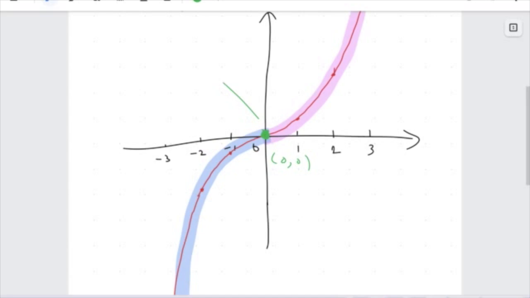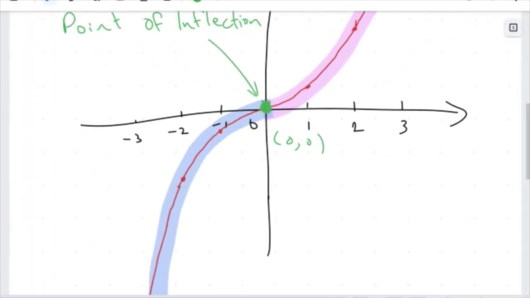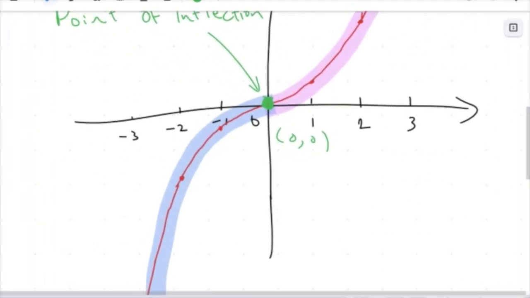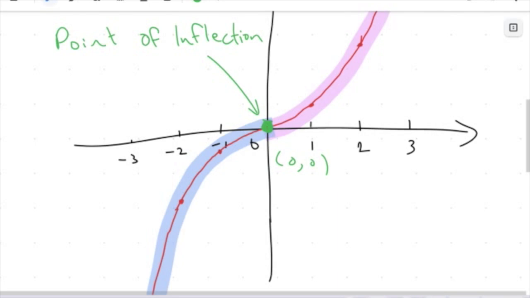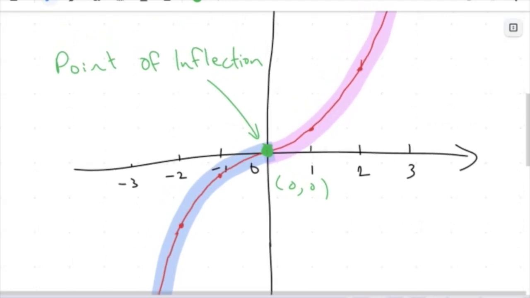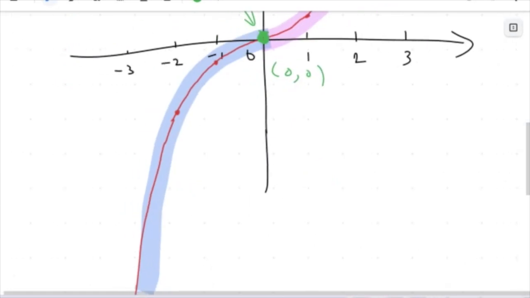What we call this point here, it has a specific name. This thing here is what we call a point of inflection. This is a point that the graph momentarily becomes stationary, like it did when we looked at turning points in parabolas, but the reason it's different to a turning point is the graph doesn't turn, it doesn't go back down like a parabola would.